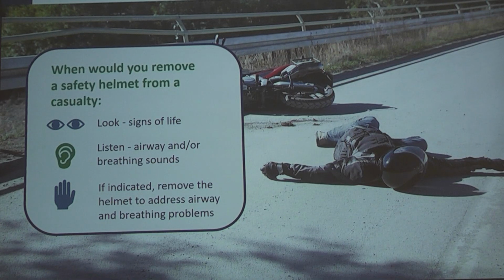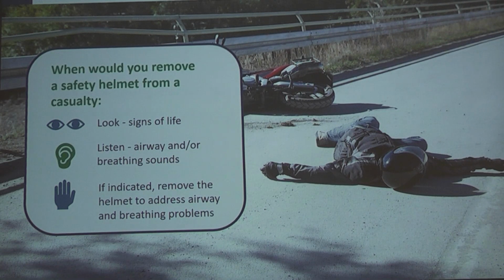You want it open so you can talk to them, and if you can open the flip-up bit as well, that will help you get the helmet off. The helmet is designed to be a snug fit, and part of the problem with that is that it's hard to take off, because it's designed to protect the head.